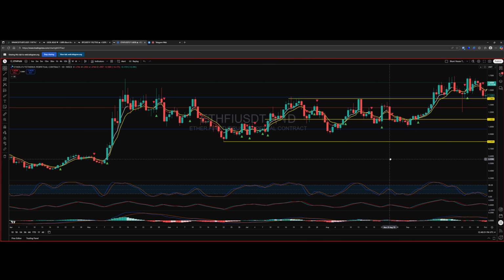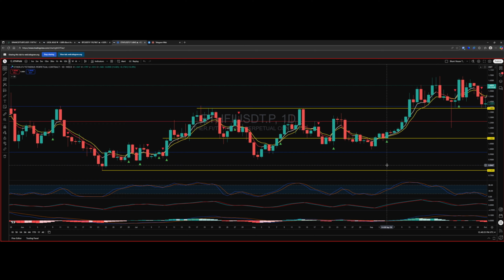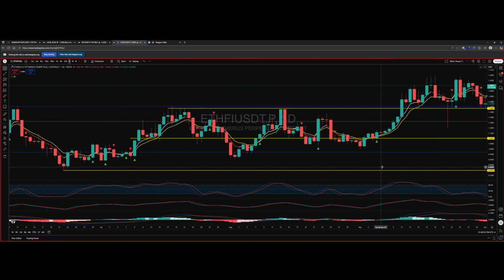And this is what you would have been looking at. So what do we say about the dojis at the top of bull runs, or waves higher? That they can often indicate a change in direction. Well, the same holds true when you find them at the bottom of a downtrend, or a negative wave.